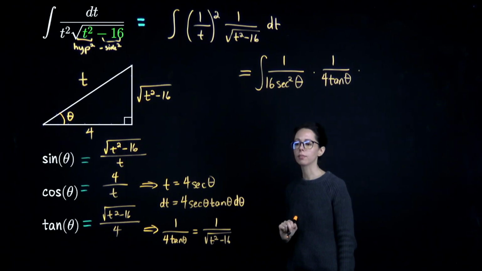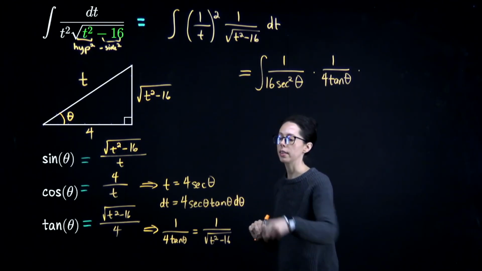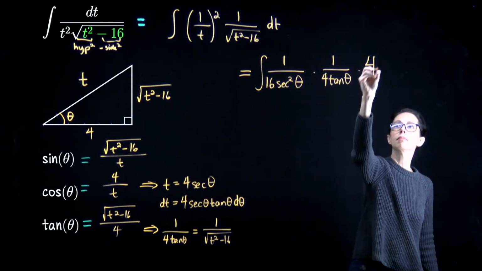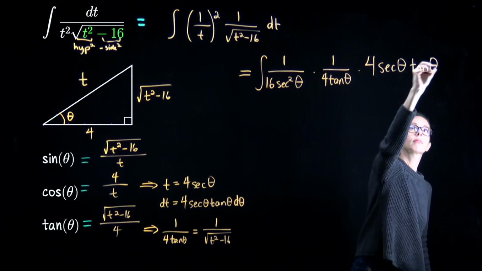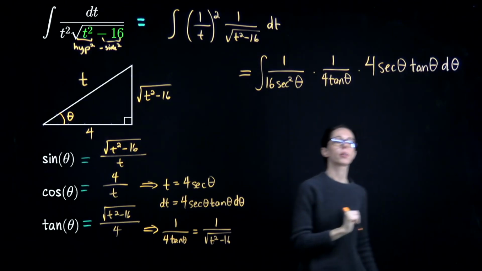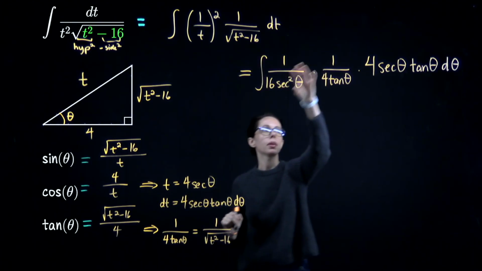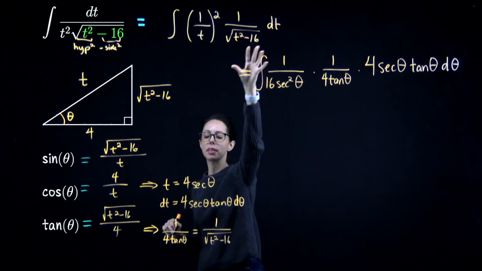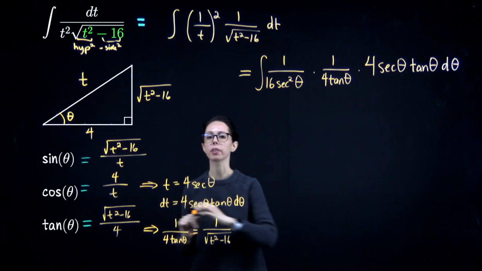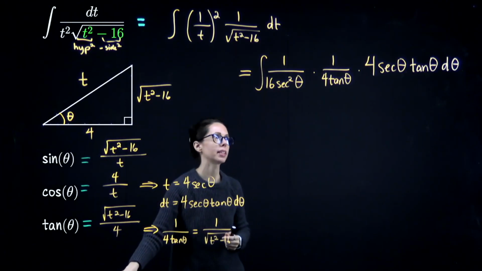And then we have dt, which is 4 secant theta tangent theta d theta. Okay, so I did 3 terms here and then replaced them one at a time based on how I kind of mapped these expressions to sine, cosine, and tangent relationships from the triangle. It might look bad at first, but it's actually pretty good.